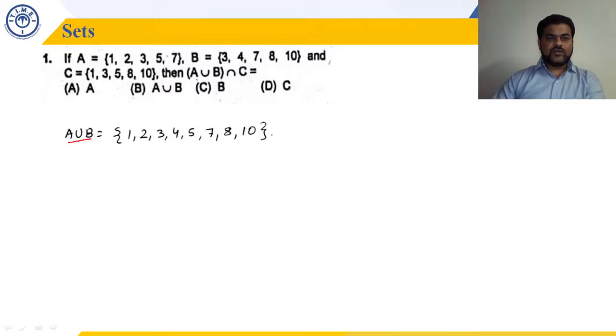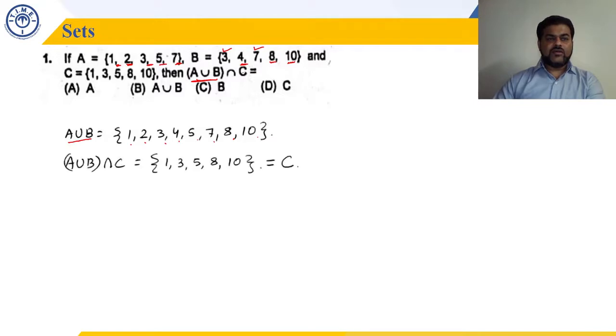So I am trying to find this part first. A union B will be 1, 2, 3, 4, 5, 7, 8, 10. Right? 1, 2, 3, 5, 7 and then 8, 10, 4. 3 and 7 were already counted, so we don't have to count that twice.